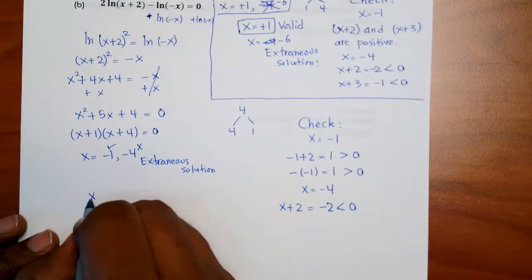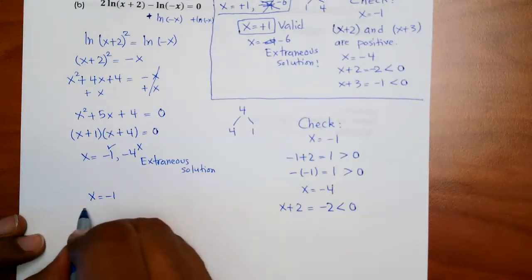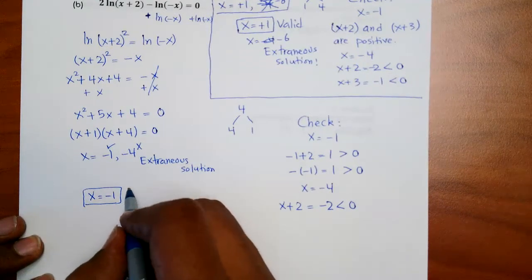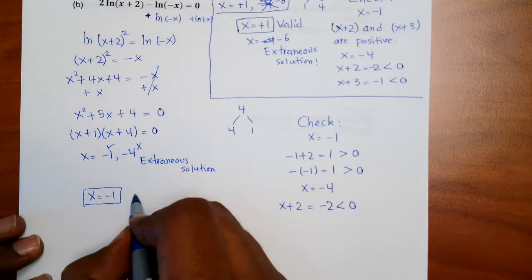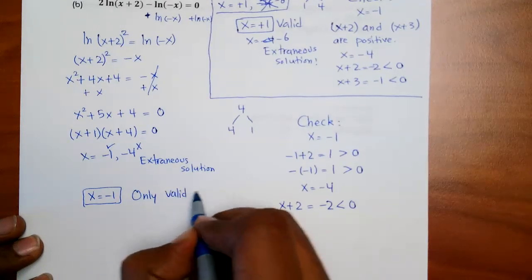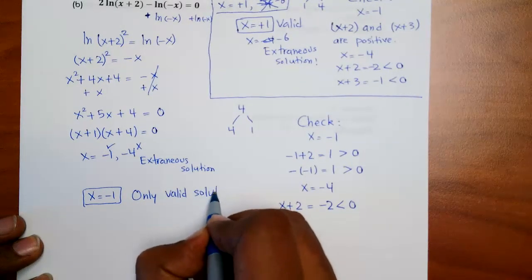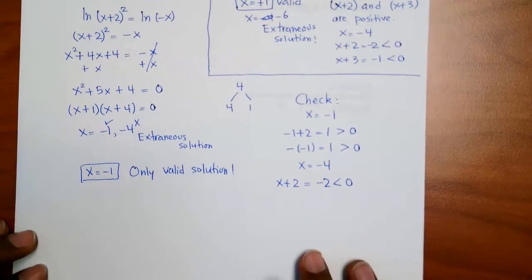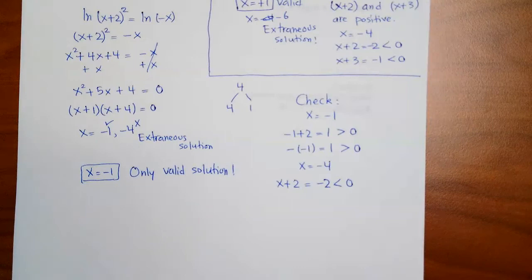So x is equal to -1 is my valid solution. Okay, this is my only valid solution, because the other solution turned out to be an extraneous solution. Okay, so this is how you do it.